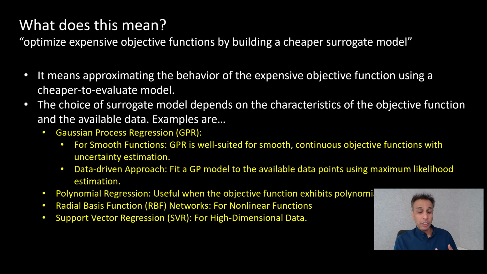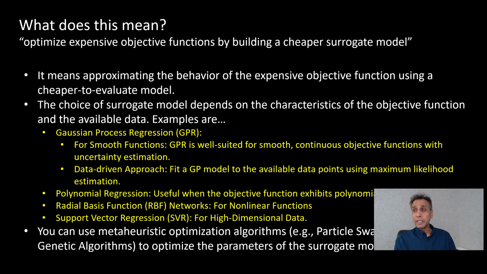Now, of course, if you have polynomial functions, there is something called polynomial regression, and you can use radial basis functions for nonlinear functions, and you can even use neural networks if you want as a surrogate model. You can do in-depth research on this topic itself, right? And support vector regression for high dimensional data. And you can use metaheuristic optimization algorithms. Remember, that's what we have been covering in the last few videos, particle swarm and all those, to optimize the parameters of this surrogate model.